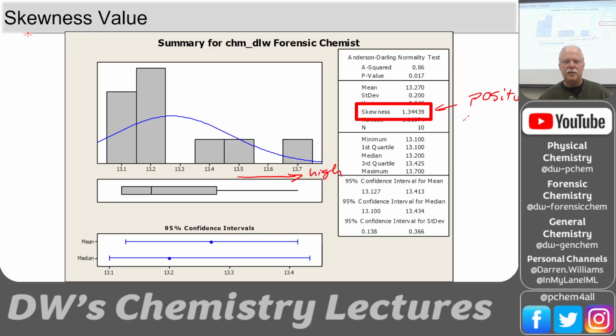So this means it's skewed to the high numbers. So when it's positive, the tail, it's kind of hard to see with our small number of data points, but it looks like this.